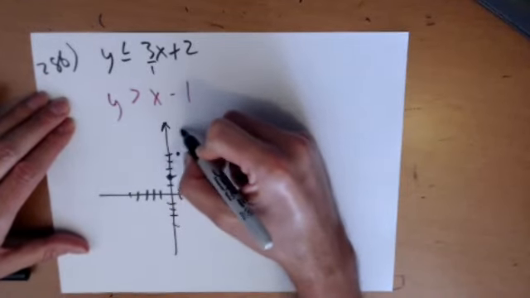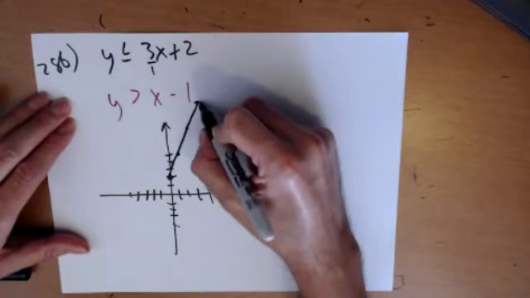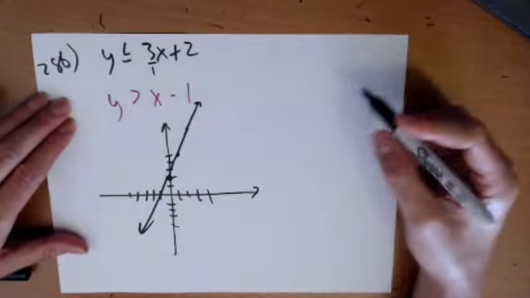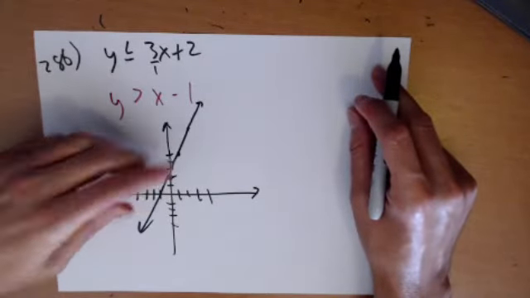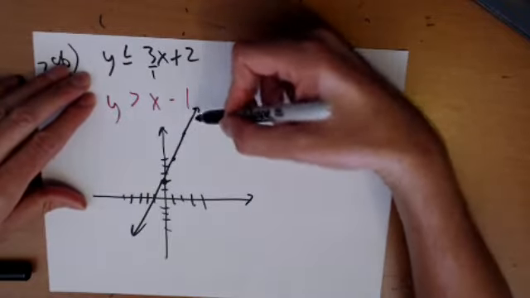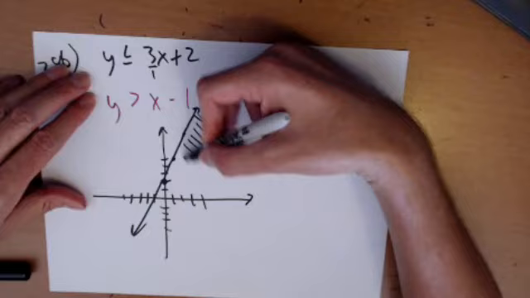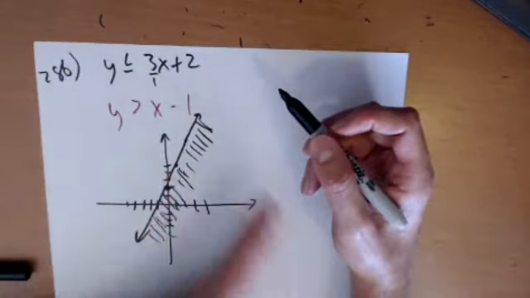Up 1, 2, 3 over 1. And solid line. Okay. And we want y values less than. So if you're thinking vertically, you can either be above the line or below the line. We want y values less than, so I'm going to shade below the line. Hopefully you're okay with how I'm shading it like that. Below the line.